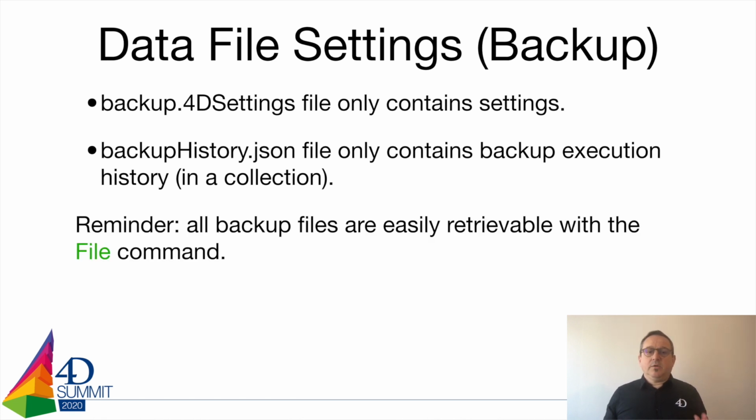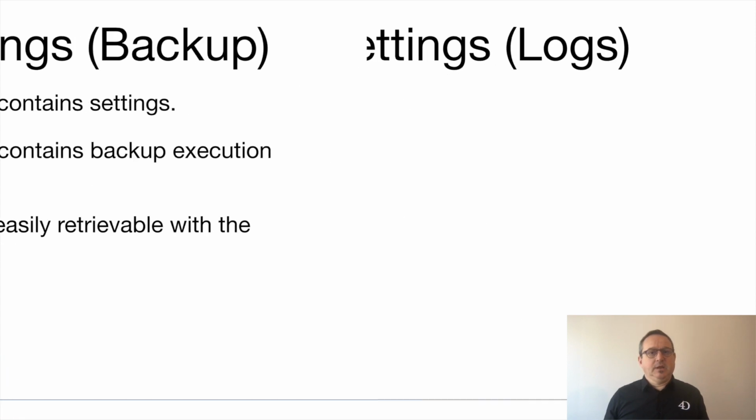I remind you, all the backup files are easily retrievable with the File command. You can use some constants, such as backup log file and backup settings file. So it's a better way to access these files.